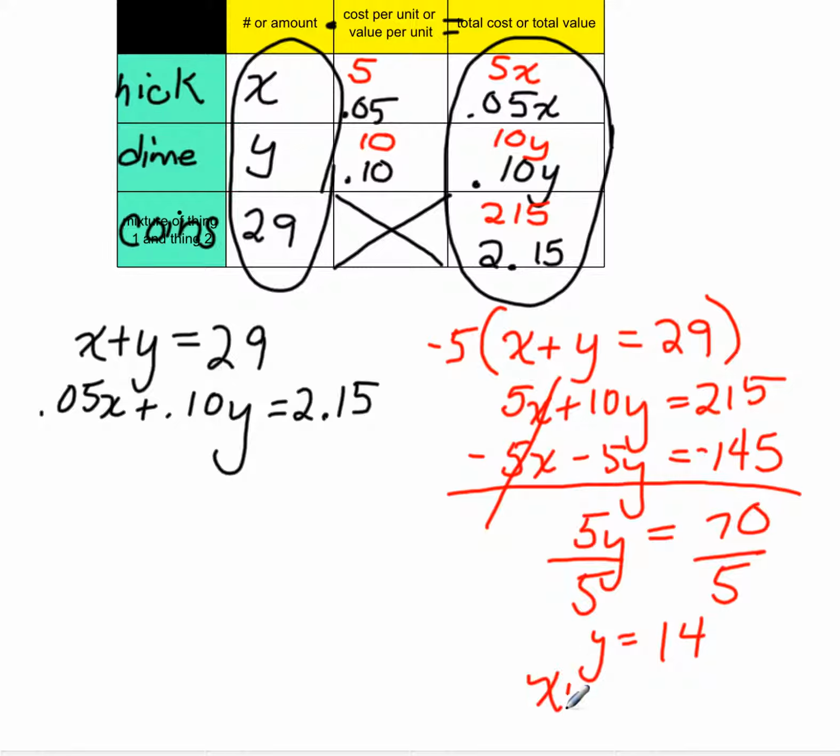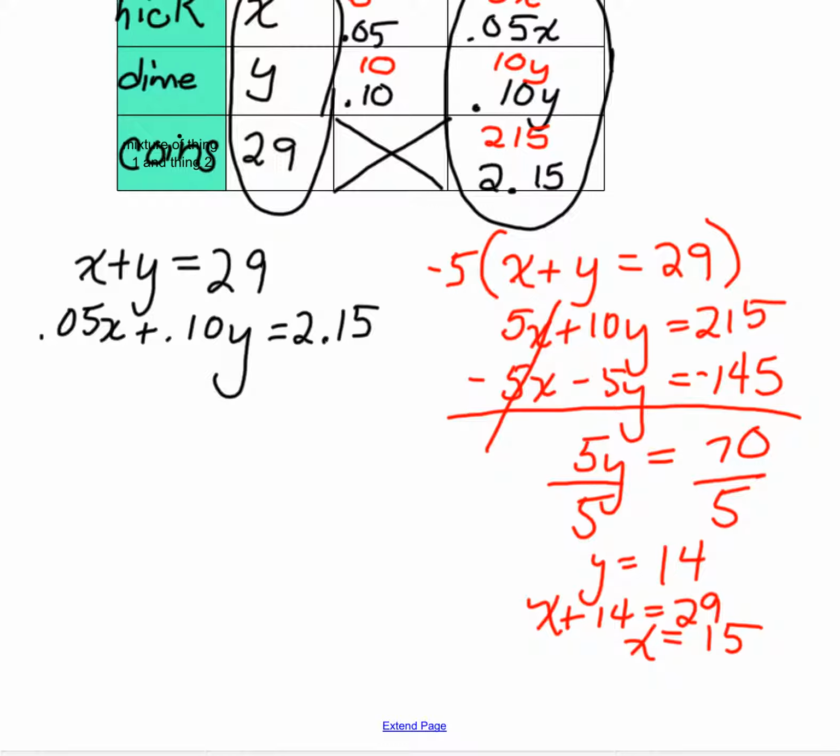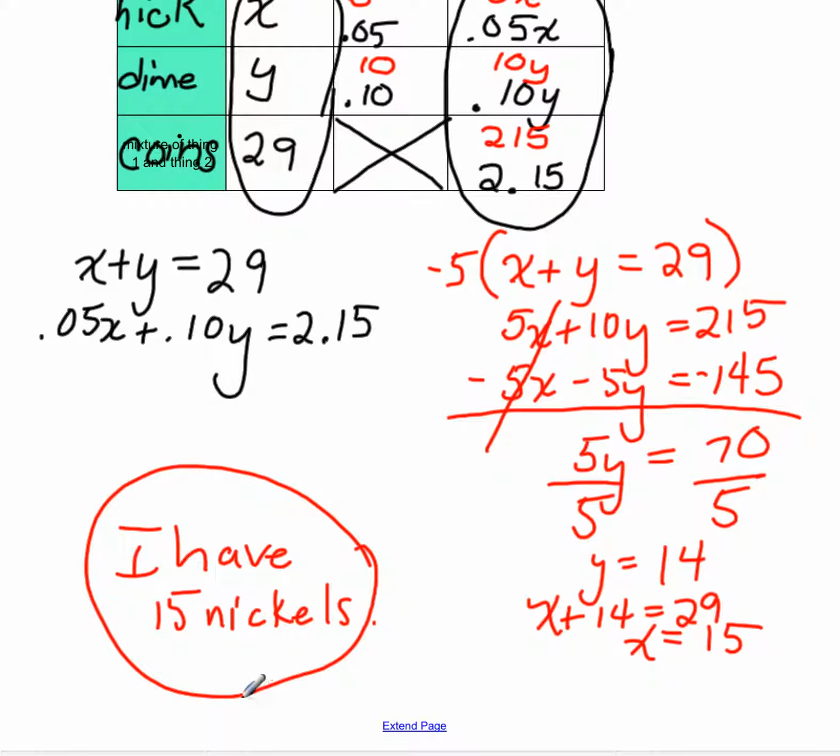So if I have x plus 14 equals 29, I'm going to use subtraction to figure out what that is, and I get x equals 15, excuse me, 15 nickels. So then don't forget, you should write your answer in a complete sentence. I have 15 nickels, and I have completely solved this problem.